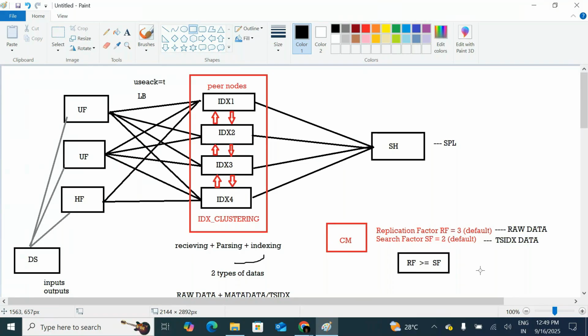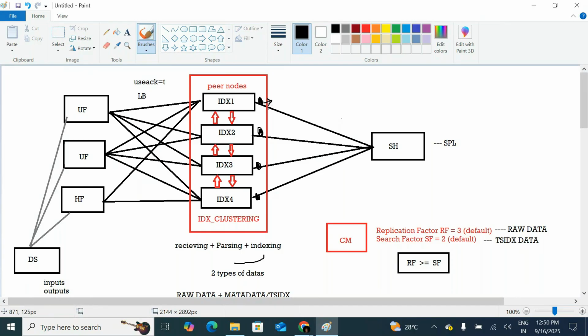Why? Because, observe. Very, very important class. For understanding purposes only, I am telling you. Assume that this is your raw copy, and this is one other raw copy, and this is another copy, individual data.